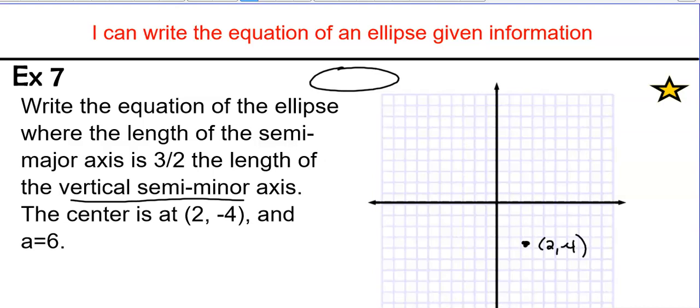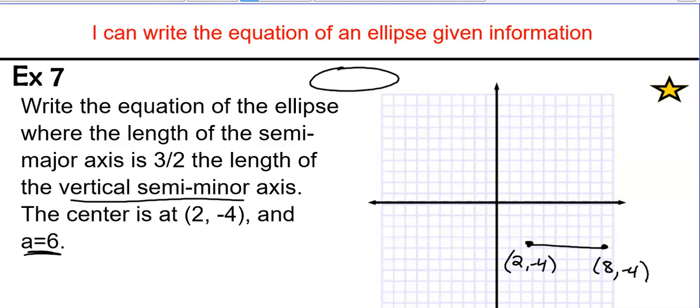So what I would do next is I would do this: a is 6, okay? So if a is 6, that's going to put us over here at 8. Okay, so this distance is 6, which means we are at (8, -4).